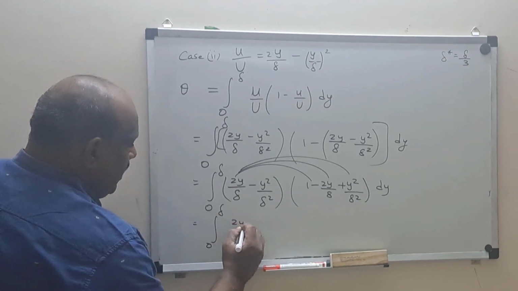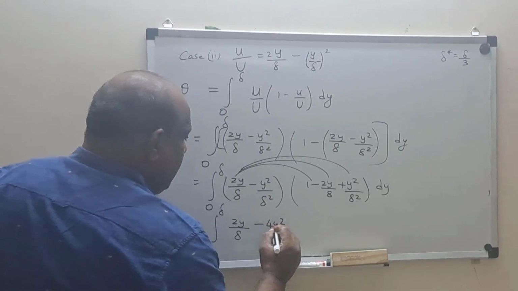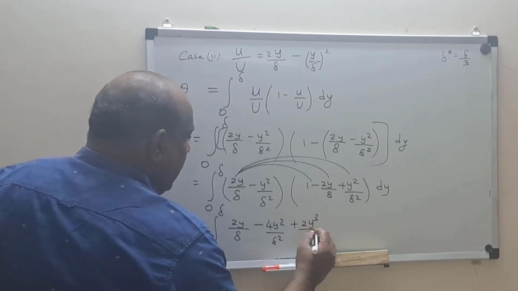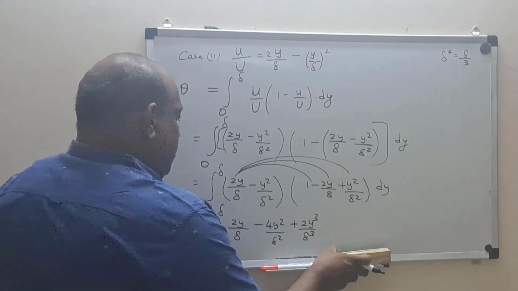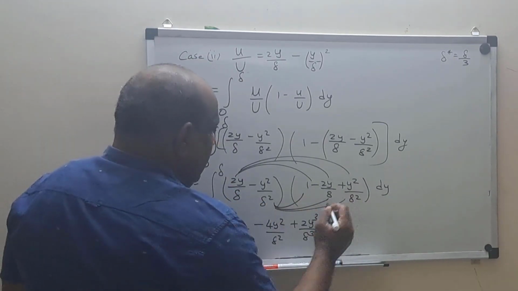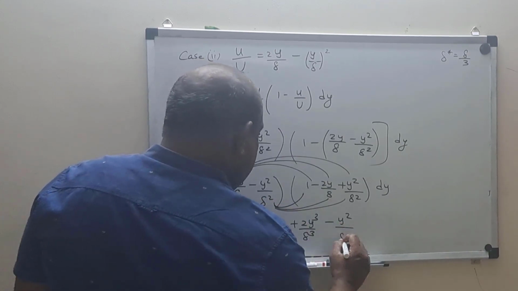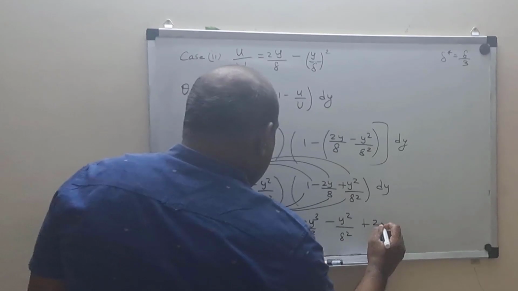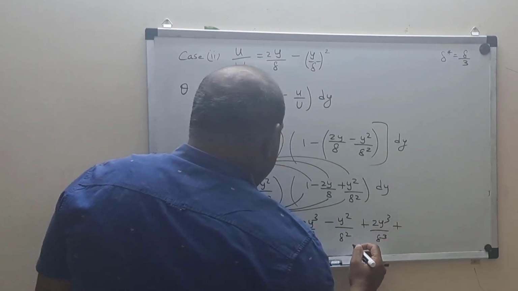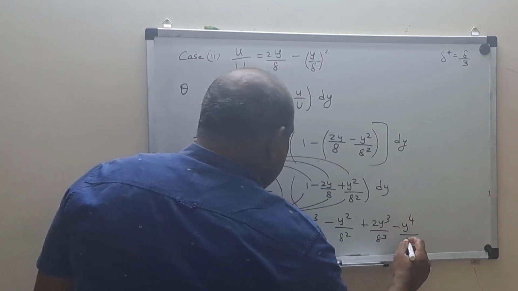Please tell me if I make any mistakes. So it will be 2y by delta minus 4y squared by delta squared plus 2y cube by delta cube, minus, now multiplying by this one and this one, minus y squared by delta squared plus 2y cube by delta cube, minus y power 4 by delta power 4.